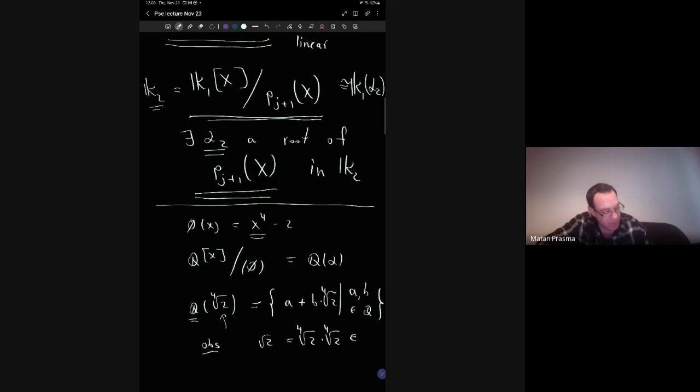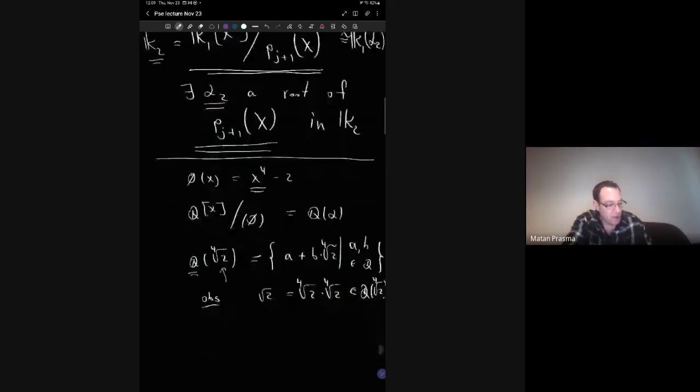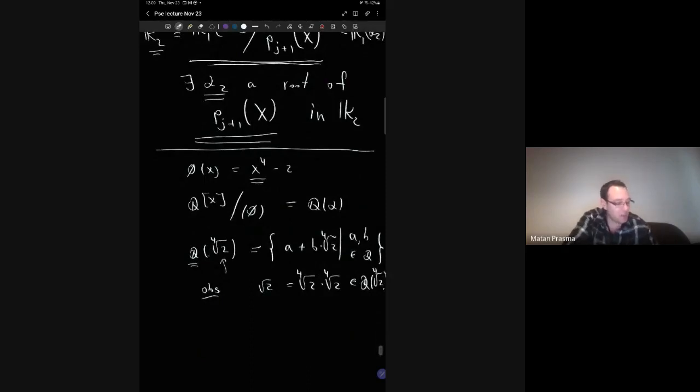So it must be an element in Q of the fourth root of 2. So you are doing some additional stuff when you add a root. But now I added this root. Now I look at the polynomial phi.